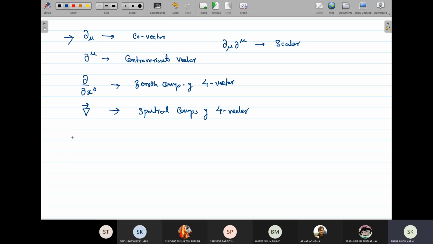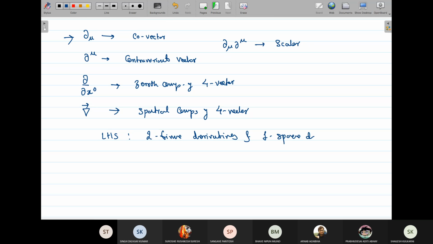So suppose my equation contains 2 time derivatives and 1 space derivative. Suppose I have some equation whose LHS contains 2 time derivatives and 1 space derivative.